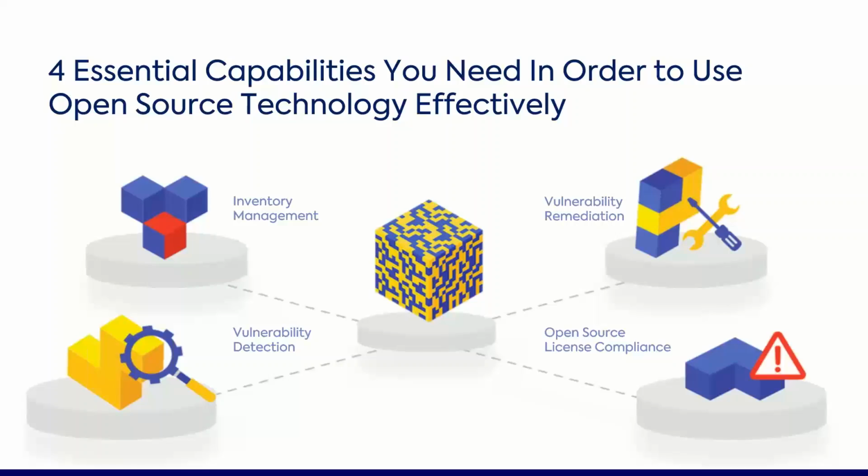And the last point is really open source license compliance. We already touched it, that you must establish an open source usage policy and block inappropriate licenses that you don't want to have in your organization.